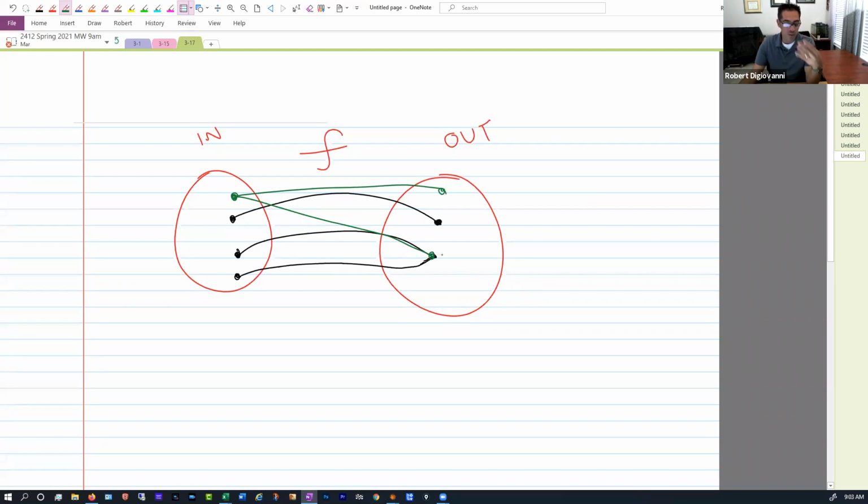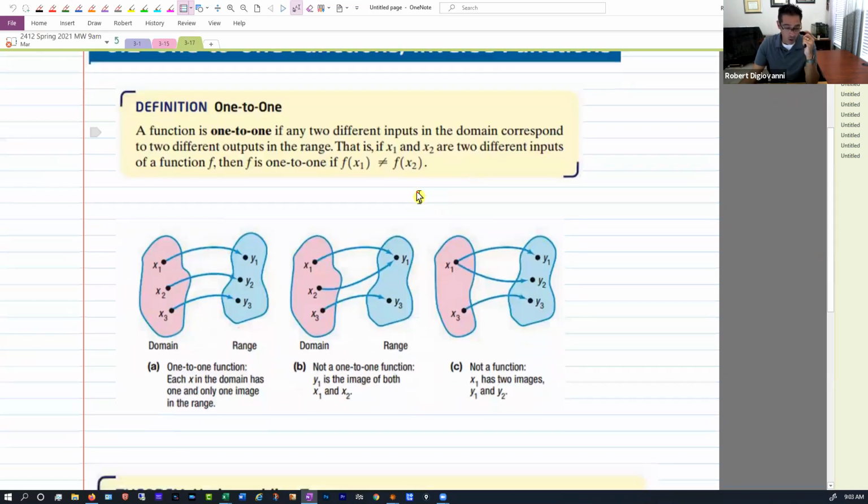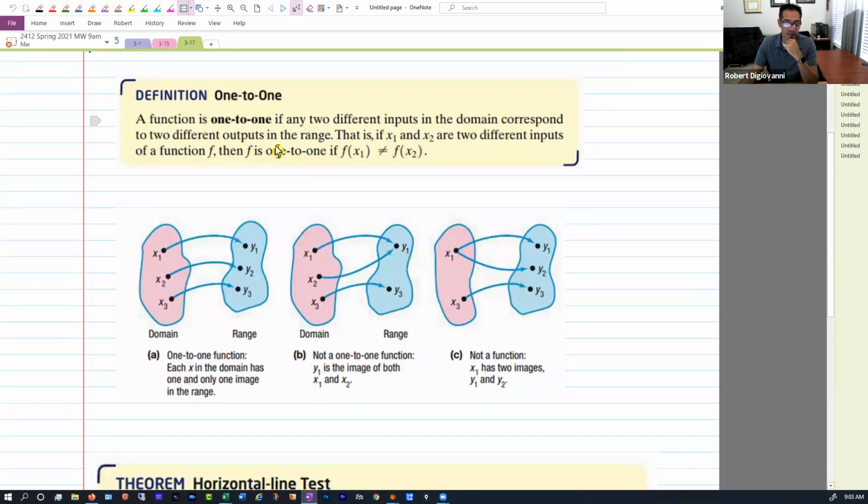So now we're adding a new condition, and that's what being one-to-one is. A one-to-one function means that if you have two different inputs, they will go to two different outputs. When you look at the outputs, you'll never have a line going from two different inputs to one output.